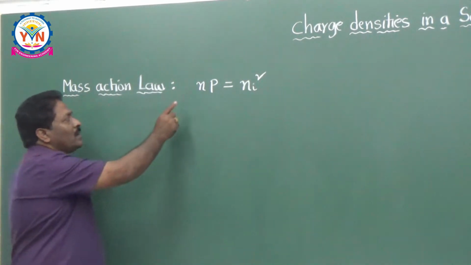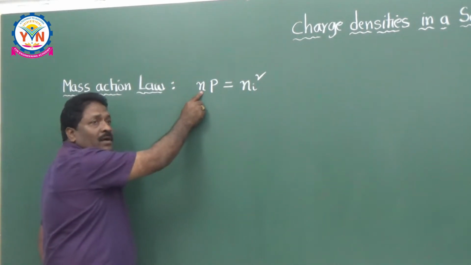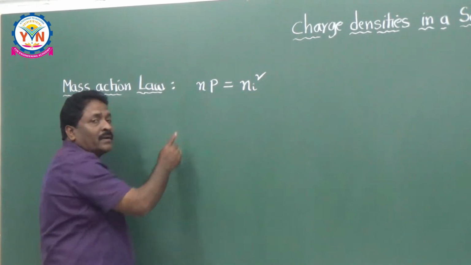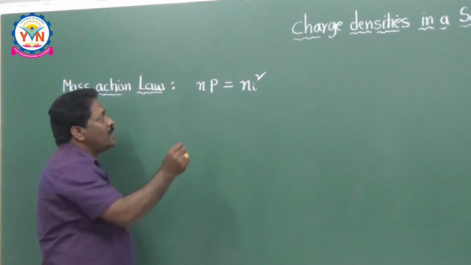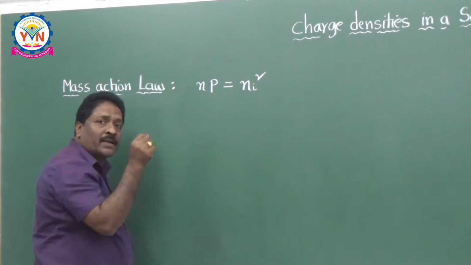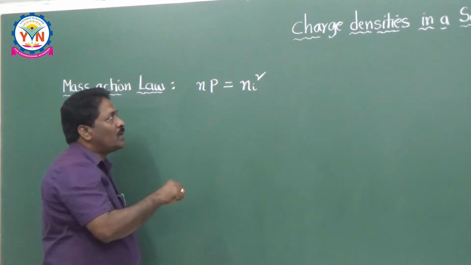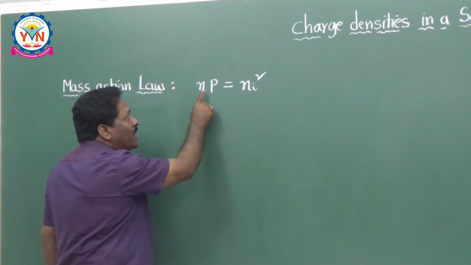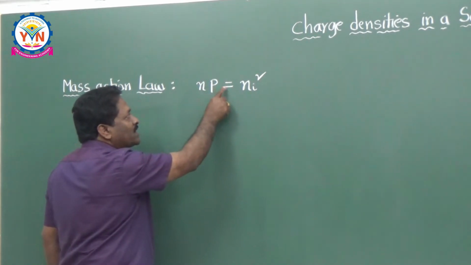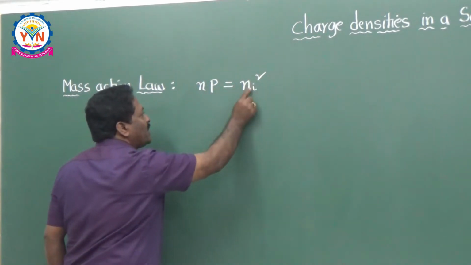And you know, the electron concentration and hole concentration are measured per meter cube. That means n is nothing but electrons per meter cube and p is nothing but holes per meter cube. So, the product of the free electron and hole concentrations must be equal to the square of the intrinsic concentration like this.